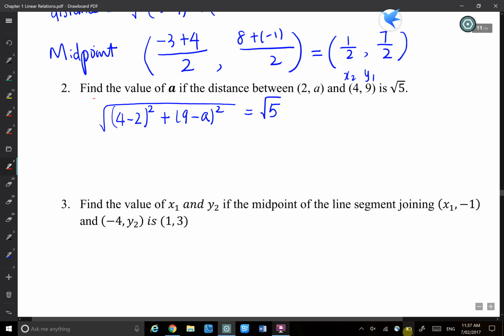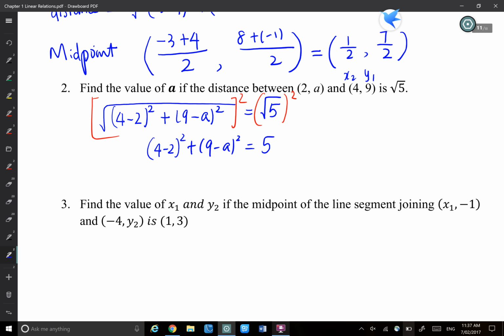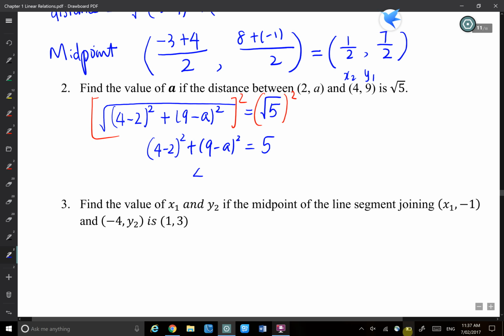So what I can do is square both sides. What I have is 4 minus 2, squared, plus 9 minus A, squared, equals 5. Square root of something equals square root 5, so the thing inside needs to be 5. So 4 plus 9 minus A squared equals 5.